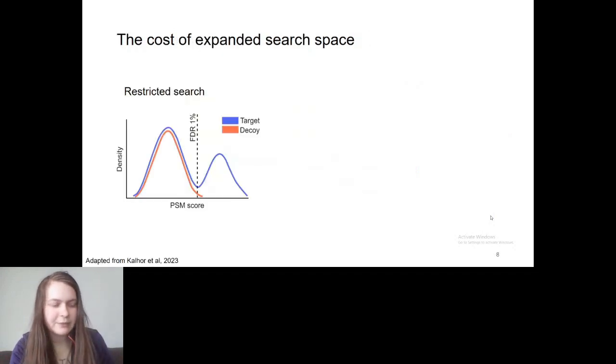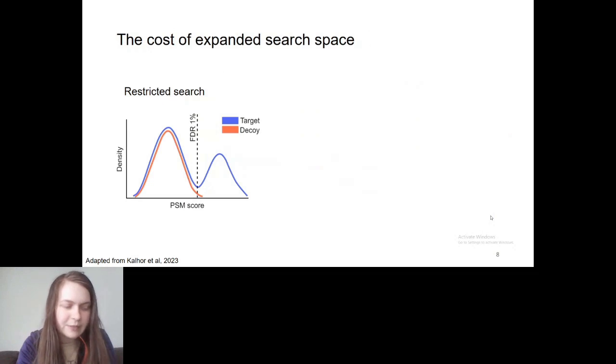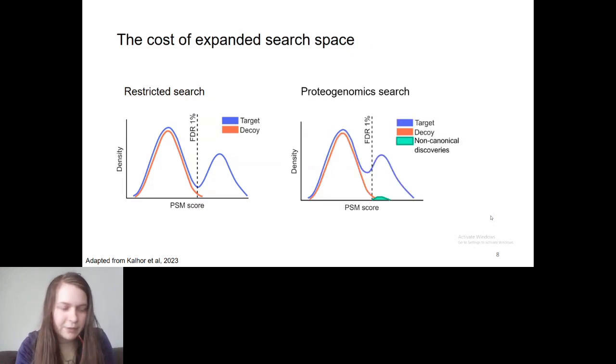And it is possible under the assumption that the distribution of false positives and true positives is homogeneous. However, a target-decoy approach is biased against the expanded search space. In proteogenomics, when small peptide subpopulations are introduced, the assumption about homogeneity is violated.